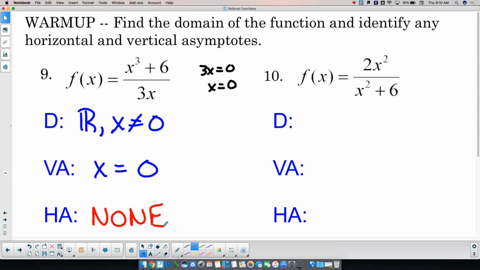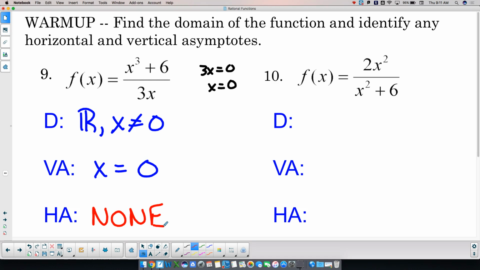If I put 0 in there, what do I get for a denominator? 6, right? 0 squared plus 6 is 6. If I put a positive number in there, what do I get? Positive number, right? So the smallest that denominator can be is what? 0. Nope. 6.